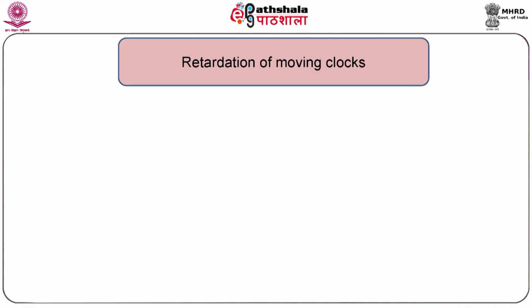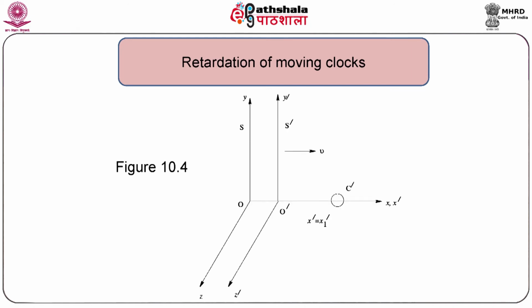Let us discuss another interesting phenomenon, which is retardation of moving clocks, popularly known as the clock paradox. Consider figure 10.4. In this figure, two frames S and S dash have been shown. O is the origin of frame S, O dash is the origin of frame S dash.